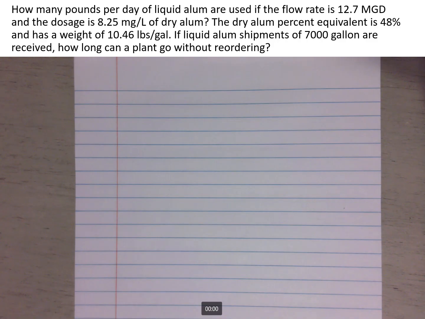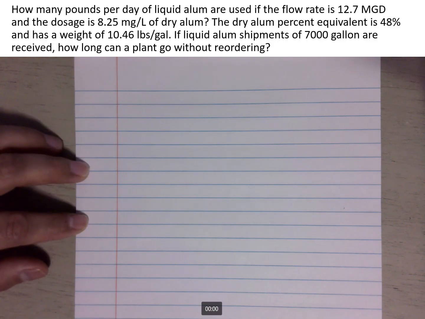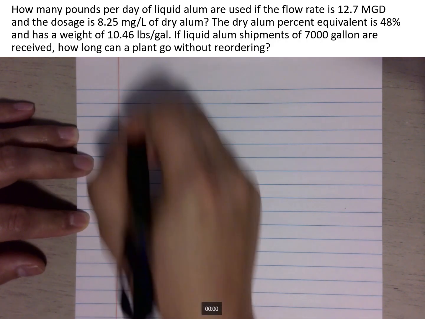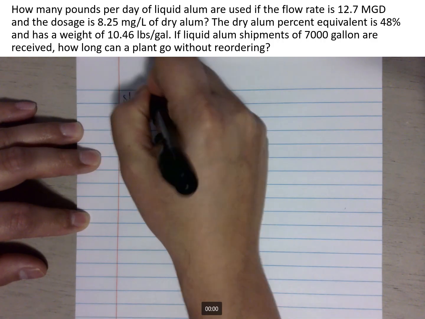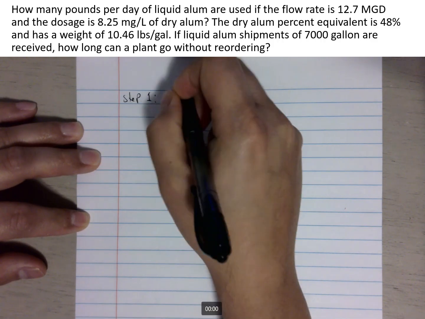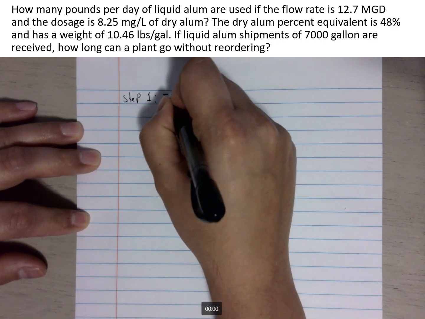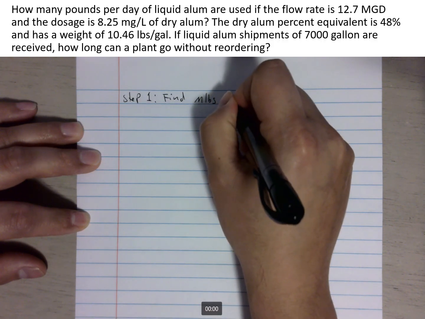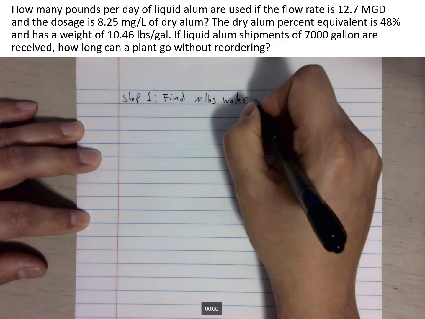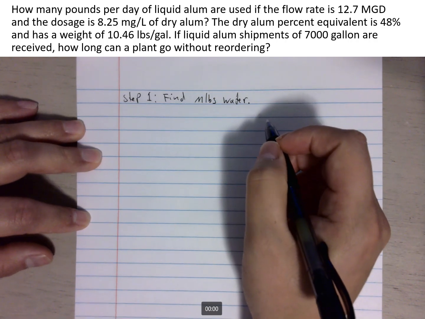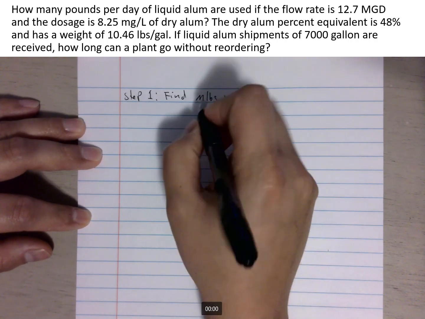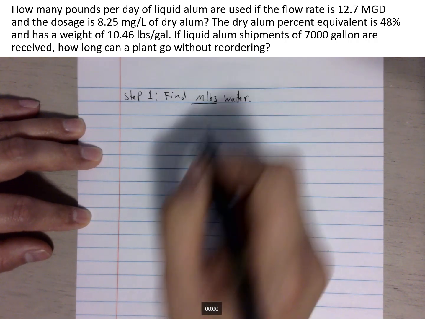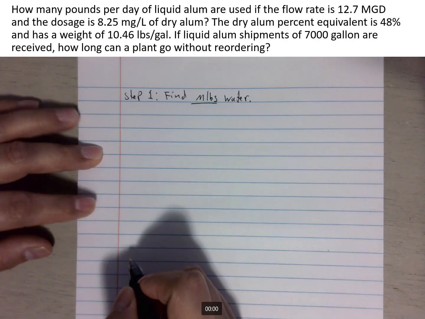We want to find your million pounds of water used. So step 1, find our million pounds of water. We need to have our water in million pounds for it to go into the part per million equation.